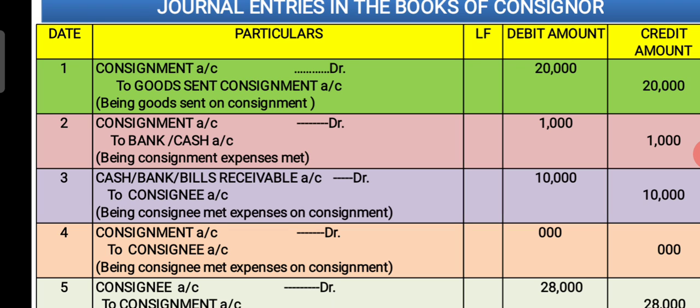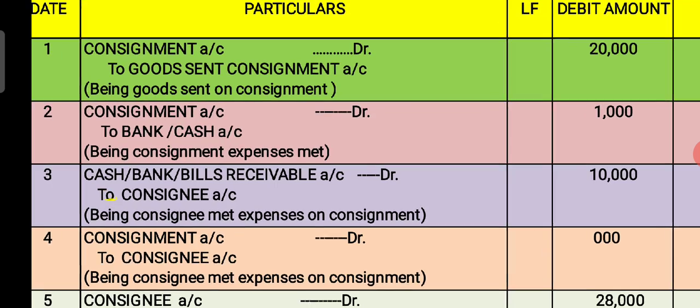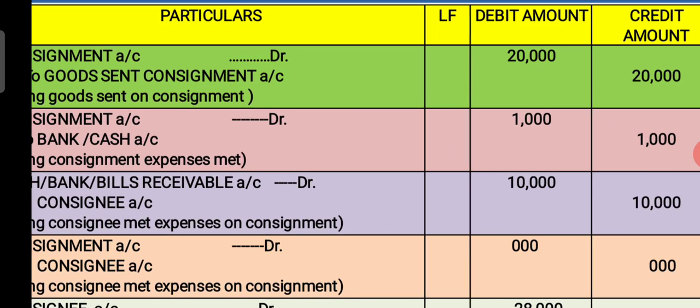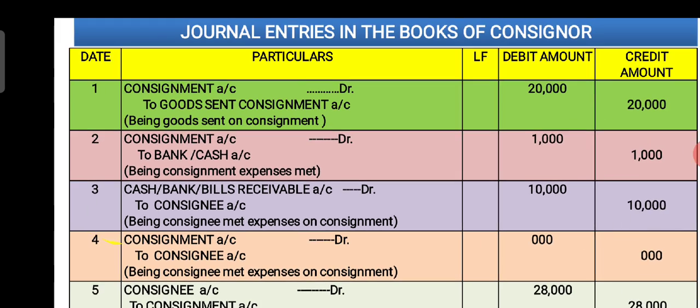Students, think of yourself as a consignor. So when you send the goods on consignment to the consignee, we write the first entry. What is the first entry here? Consignment account debit to goods sent on consignment account, rupees 20,000. Narration, being goods sent on consignment. Okay, first entry we completed.